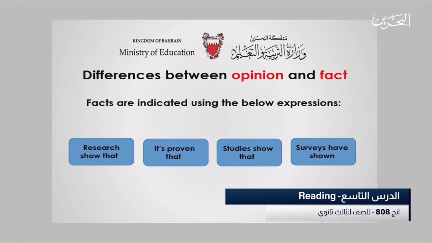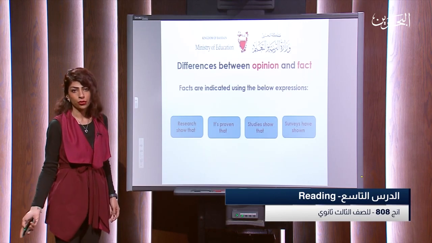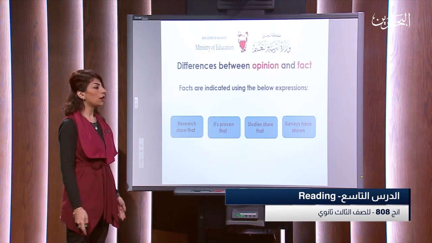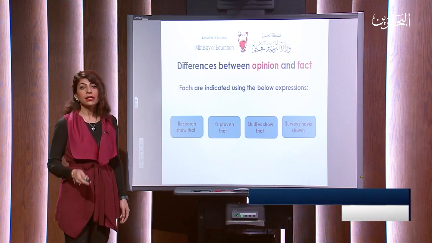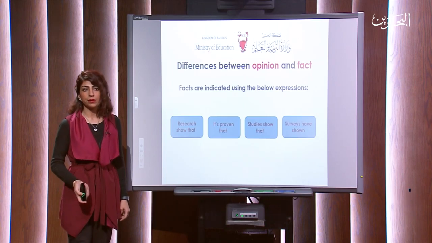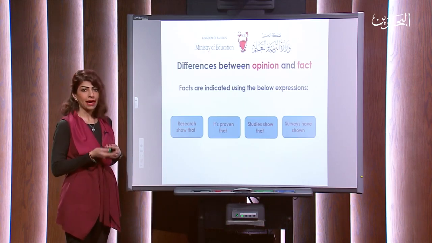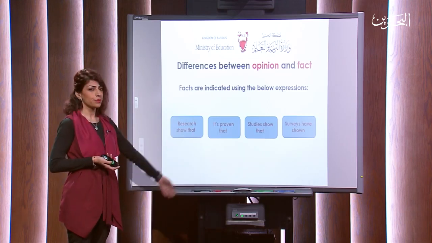In this case, you are not allowed to express your opinion since there is a fact which was already studied before. For example, they did a survey on the number of population in Bahrain and they figured out a number. You cannot argue with this number because it's based on a fact. So, if you have facts that you want to talk about, you can use those expressions.